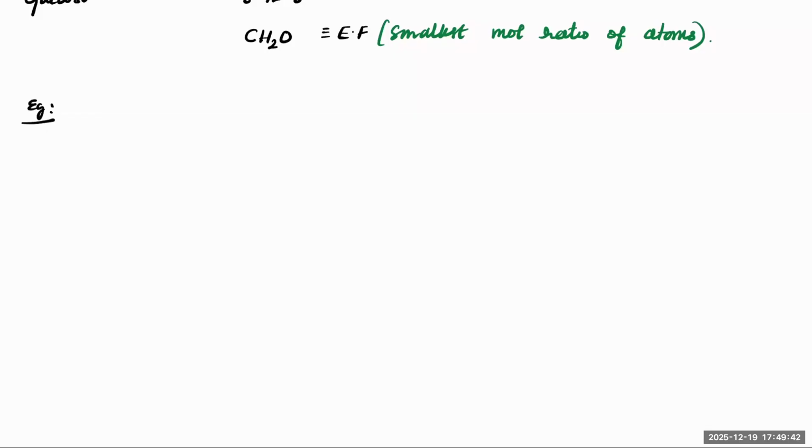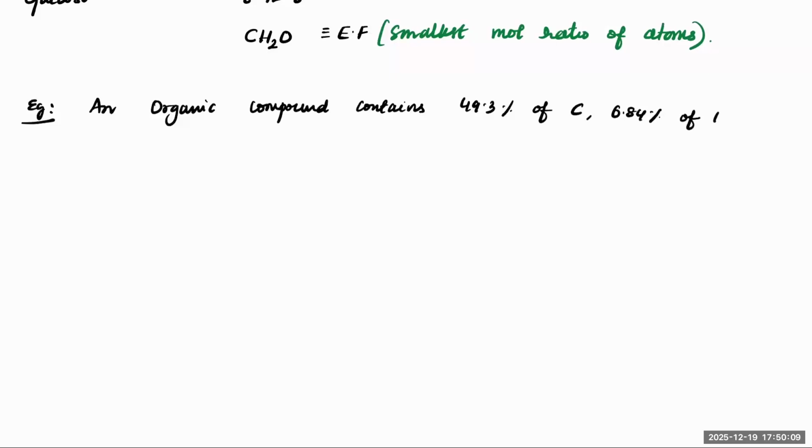An organic compound contains 49.3% of carbon, 6.84% of hydrogen, with vapor density of 73.